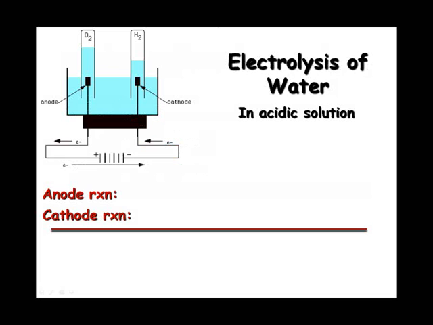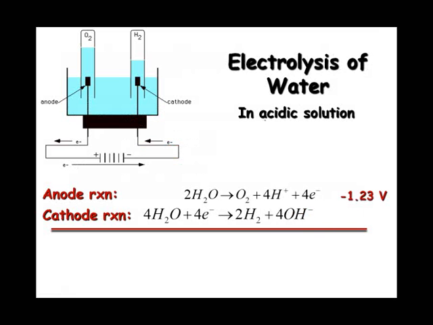If you are performing electrolysis of water, which occurs in an acidic solution, the reaction at the anode is the oxidation reaction, and the reaction at the cathode is the reduction. Now, you can try to memorize these products that you get, but what you'll see is these are actually on the reduction potential table.